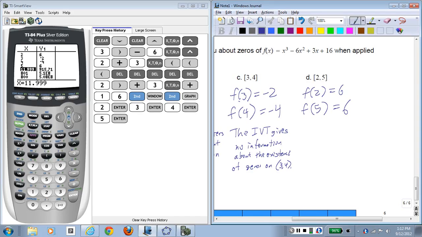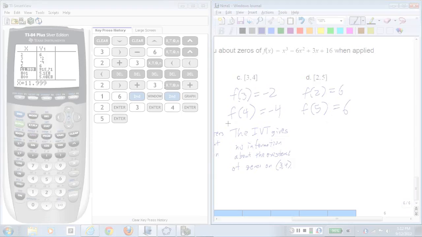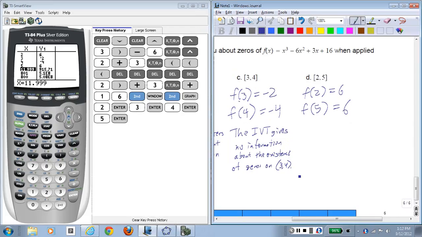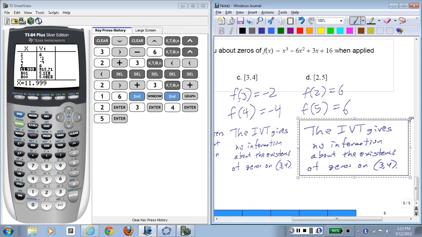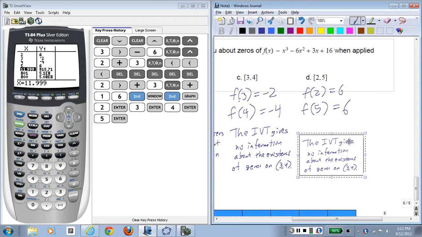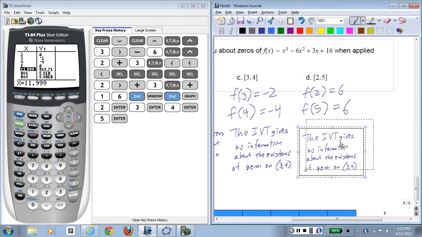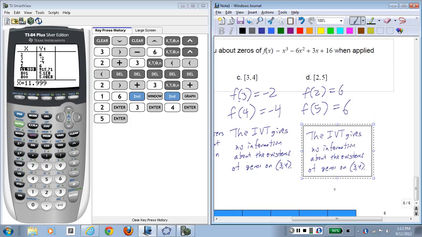That's it. Nothing else. So I could almost say it gives no information at all, but I will say this. Without any prior knowledge, the intermediate value theorem gives no information about the existence of zeros on the interval 2 to 5.